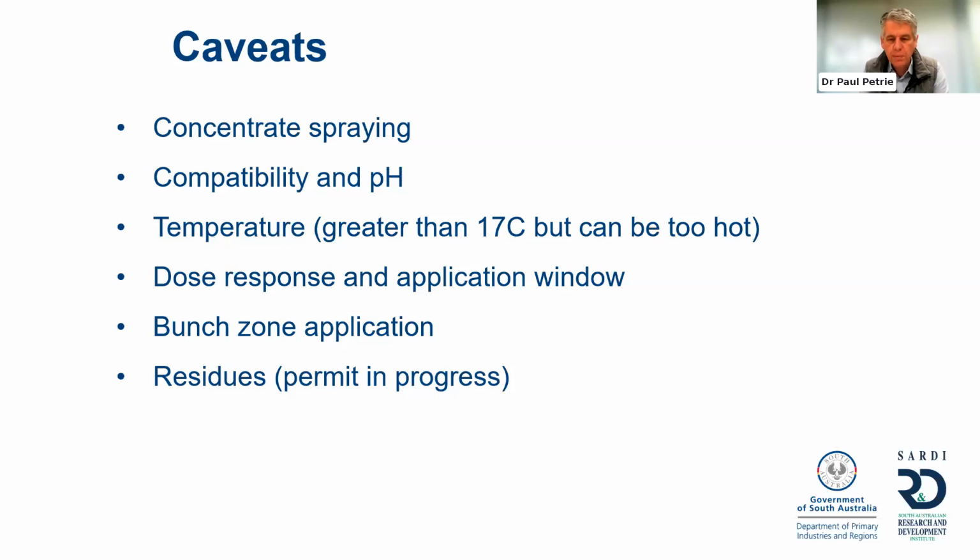But we're fairly optimistic, based on the information we've been able to provide, that they would approve that. The product already has a permit for application to Sultana as a harvest aid at the rate I'm describing, the 1,000 milligrams per litre. So as I said, we're hopeful that we should be able to get a permit.